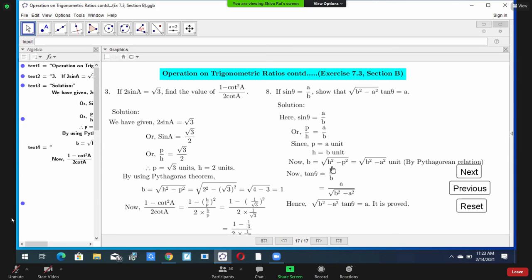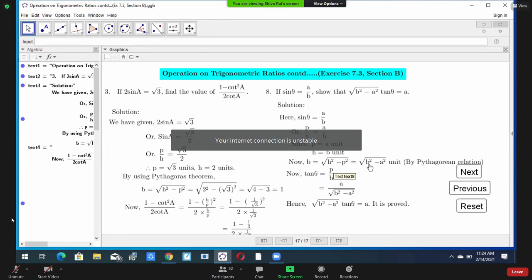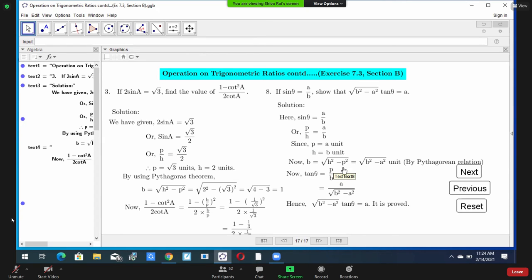So B equals, by Pythagoras theorem, under root H square minus P square, which is equal to, substituting H equals B, B square, and P equals A, you look here, the value of P. So if H square equals B square, then P square equals A square. We are just substituting. We are not doing more than that.